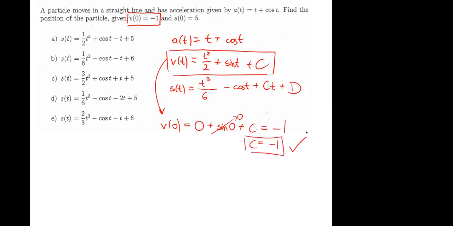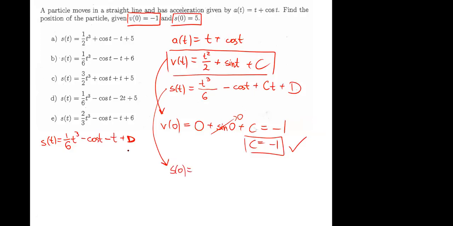This will be 1/6 t cubed, minus cosine of t, and minus 1t, and we still have to work on d. Now I know that if I substitute 0 into the position function, I will get 5.